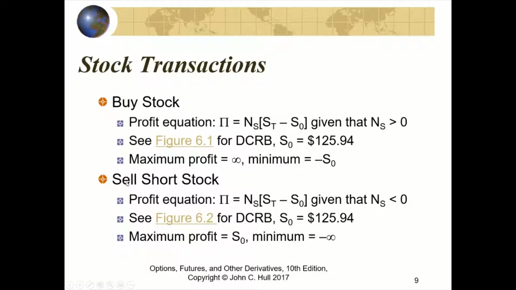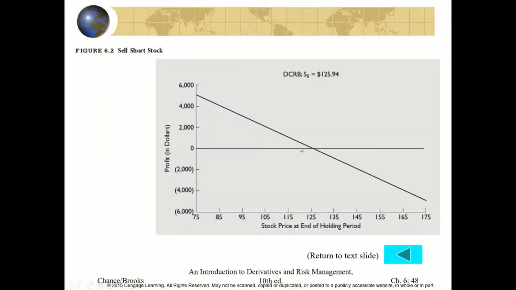Now, taking a short position in the stock is what students sometimes mix up a little bit. When you take a short position, it means that you are going to sell the stock. You will borrow the stock from someone and sell it for 125.94, which means you will receive cash.